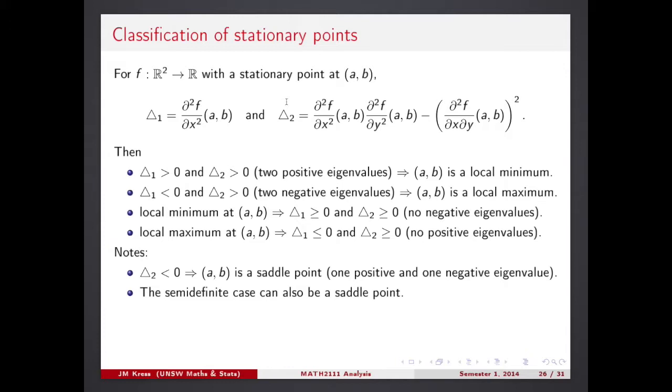Here we just need to compute the determinant and the trace, and that determinant is expressed in terms of the partial derivatives, and that's just your Sylvester's criterion in terms of these determinants. And there is a special case for the saddle point, which we no longer have for three and more variables.